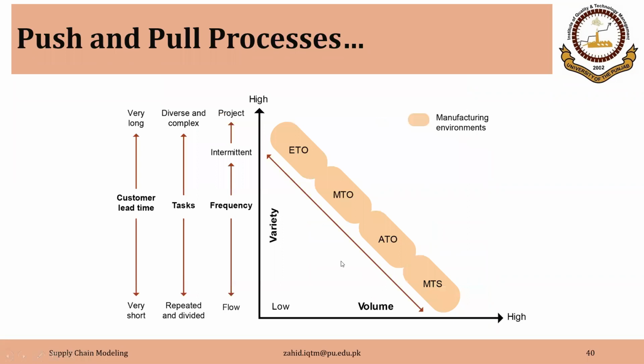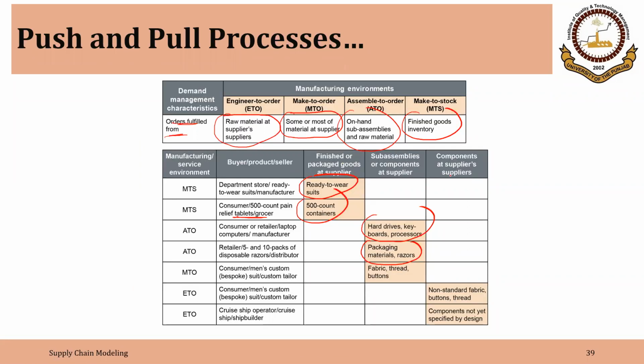So the product is standardized in this case, but it is packaged as per your requirements. So here the example of razors is given. Whether you need a 5 razor pack or 10 razor pack, it is assembled as per your requirements, but assembly here means the packing.